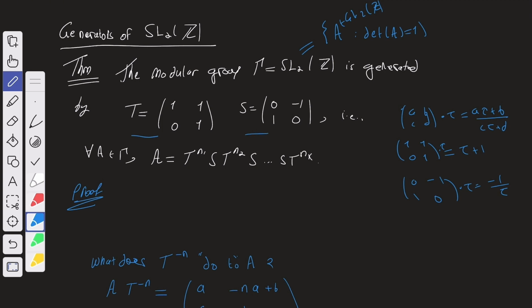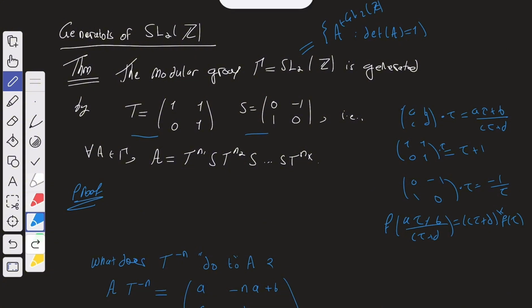So what is this trying to say? When studying modular forms, remember we define modular forms as functions that satisfy the homogeneous equation f of (a tau plus b) over (c tau plus d) equals (c tau plus d) to the k times f of tau. This is a modular form of weight k, a holomorphic function with certain properties.